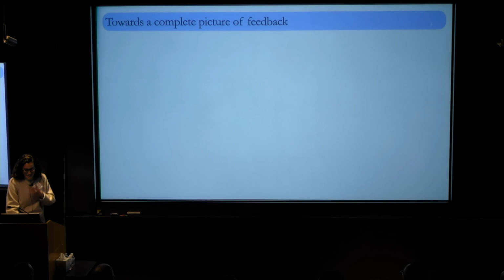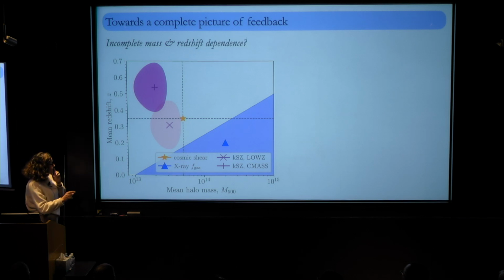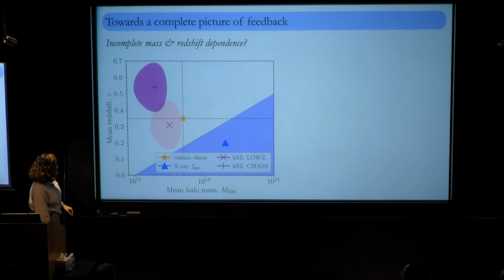Now, given this, it's still unclear what the origin of this difference is, but is it really that strange? This was highlighted earlier in Daisuke's excellent review, and I've made a less complete version of Nick's plot. But if you look at your KSE from low mass and high mass compared to where your X-ray constraints are coming from, and compared to where our cosmic shear is peak sensitive, the mass and redshift range where it's most sensitive to, there's a large span here.